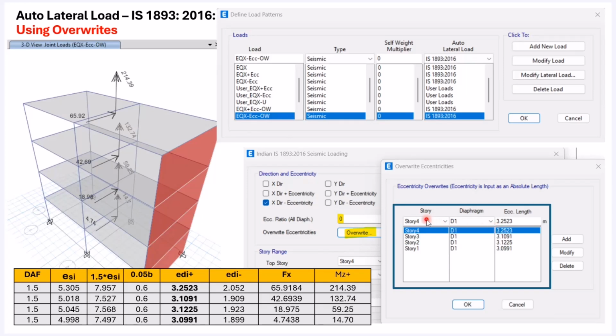And for each story, I kept the same eccentricity calculated like this. You can see it is the same 1.5 times of ESI plus a percentage of building width, but deducting the current eccentricity. So this value we are providing here.